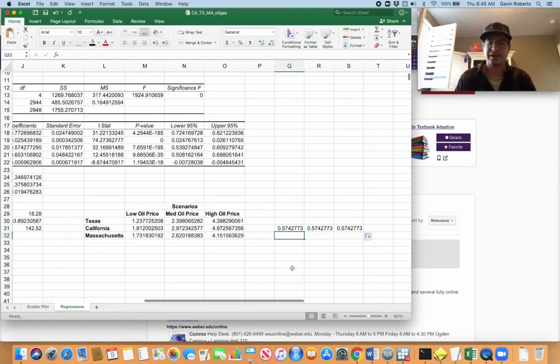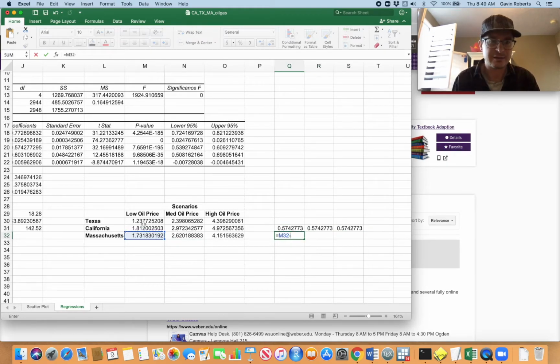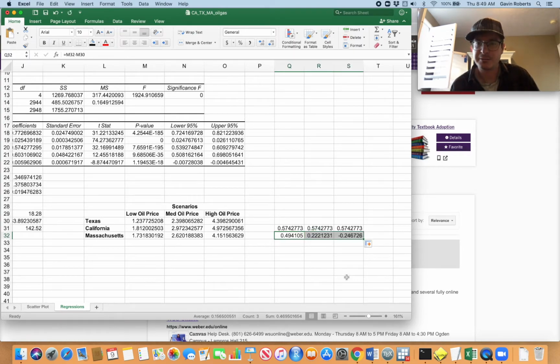But when we do that comparison, Massachusetts minus Texas, the difference between Massachusetts and Texas gasoline prices is much higher for the low oil price scenario. But as oil prices get higher, the difference goes down in the middle case because now we're hitting that lower slope with a bigger oil price. And then right there, it's actually decreased.